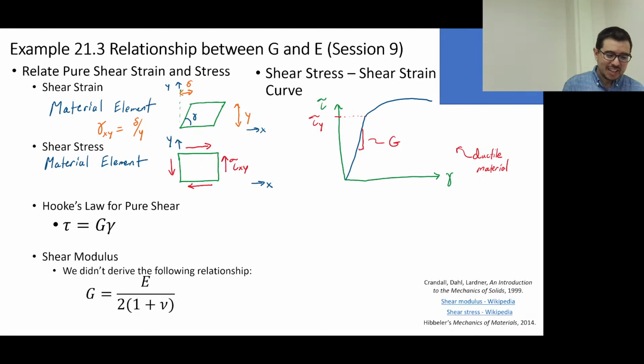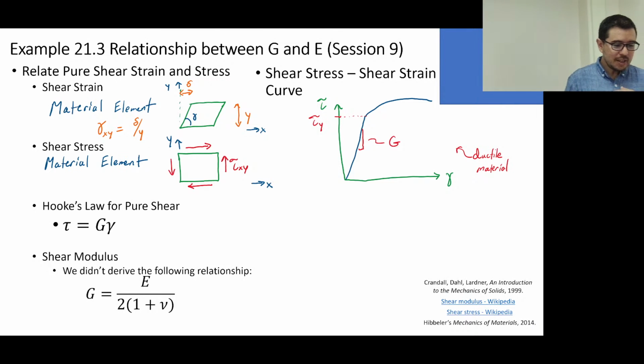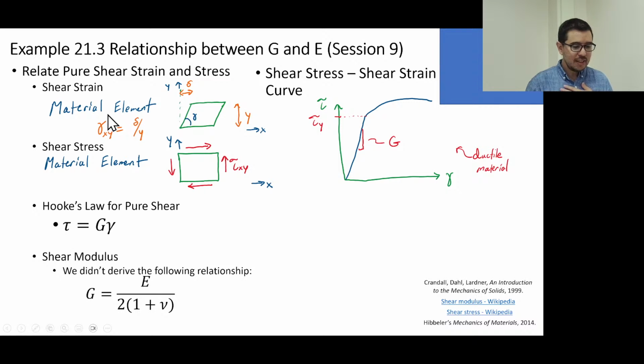All right, so the relationship between G and E. Here is our element. This is one way of looking at the shear strain. We talked about this. Maybe slightly not cool to make this the horizontal, but this is not correct.